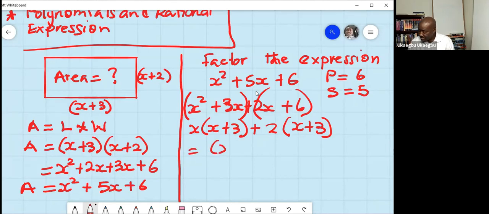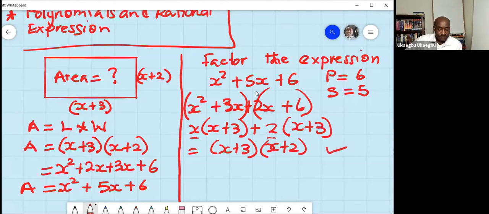You say x plus 3, and then you combine this x and this 2 by just saying x plus 2. And this gives you the factors of the original expression. So that's how to do factoring.